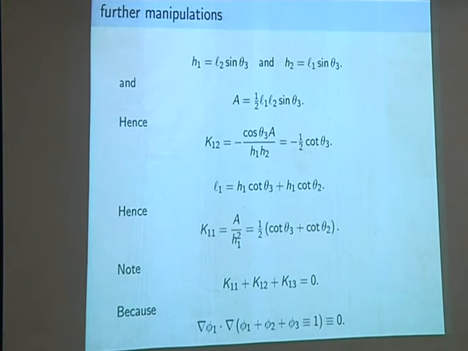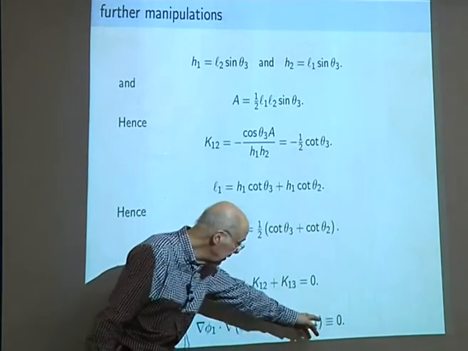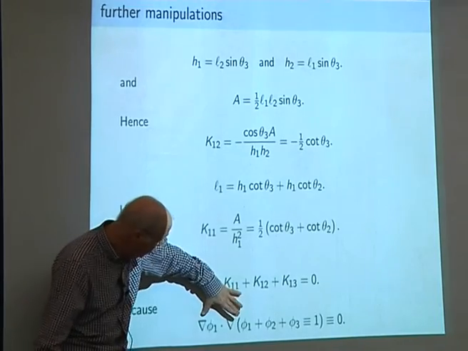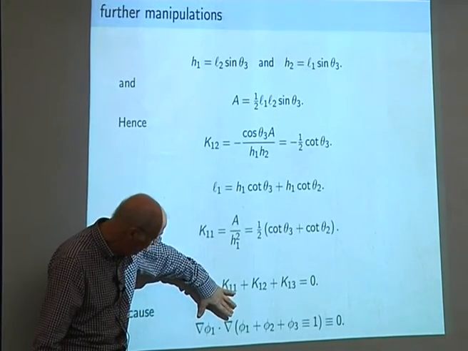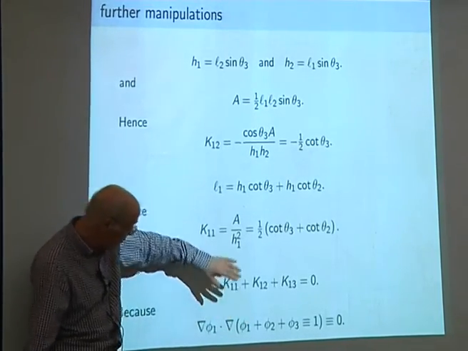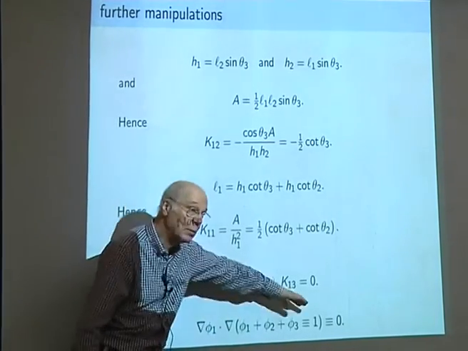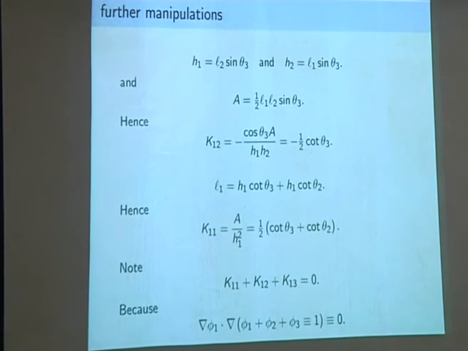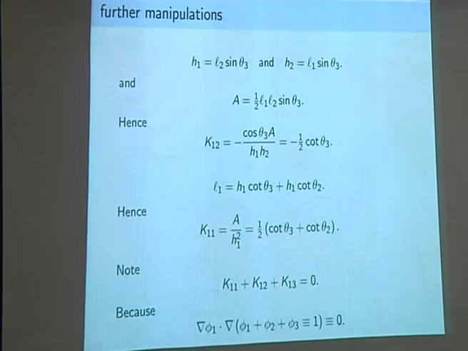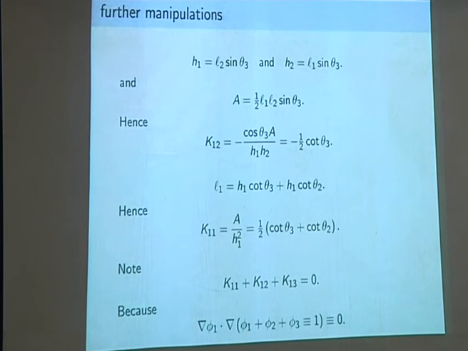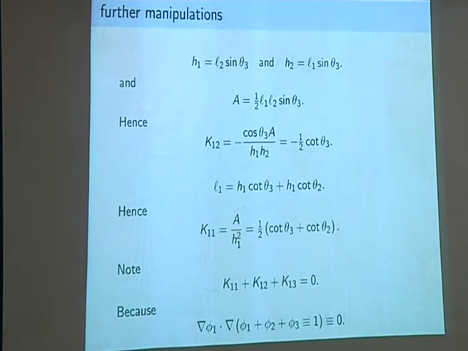So the gradient of a constant 1 is 0, and therefore this dot product is 0, but the integral of the first term with the prefactor is K11, and then it's K12, and then it's K13. And therefore, they will have to add up to 0. And this is what's going to give us a conservation principle.